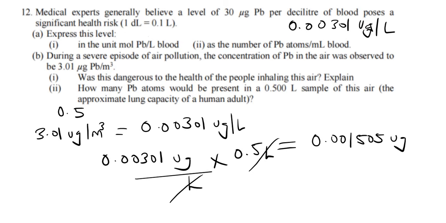So what are we going to have? That is 0.001505 times micro. You know that micro is 10 to the power negative 6, so it is 10 to the power negative 6 grams. Okay, so that is what we have in grams for now. Then we're supposed to convert these grams to moles.